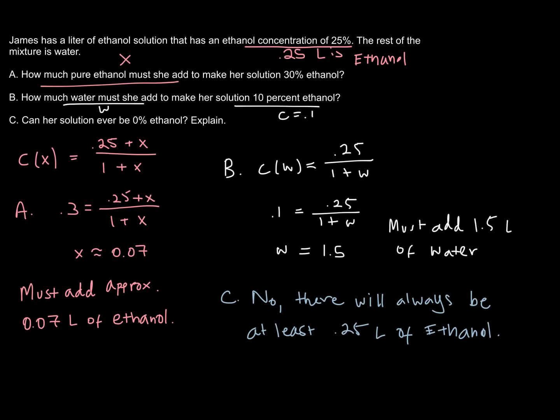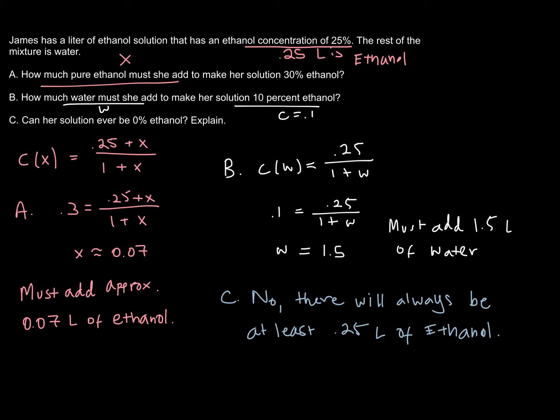So when we multiply 1 by 0.25, we just get 0.25. So there is 0.25 liters of ethanol at the beginning. We're going to add X liters of ethanol in part A, and so my equation is going to be 0.25 plus X over 1 plus X. That's going to give me the concentration. So setting equal to 3 and solving, I get that I must add approximately 0.07 liters of ethanol.